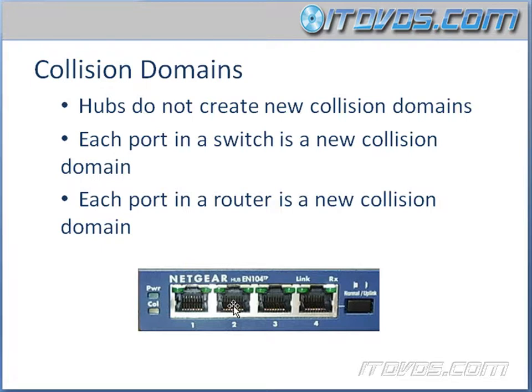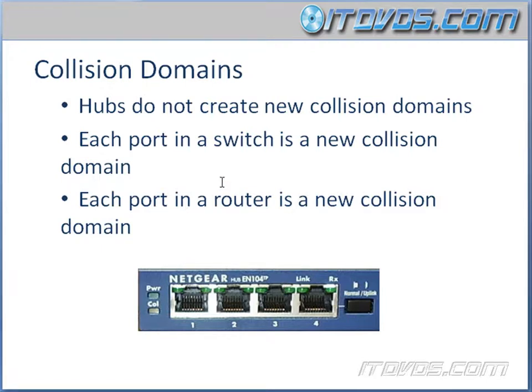Bridges actually do break up collision domains, but bridges normally only have a couple of ports. So we had to take one hub, connect that hub to the bridge, and then connect another hub to the bridge, and then we would have two collision domains, but that really didn't solve the problem. It just helped a little bit.